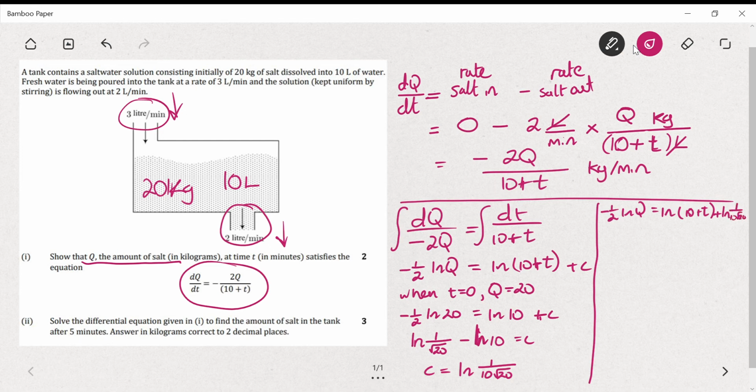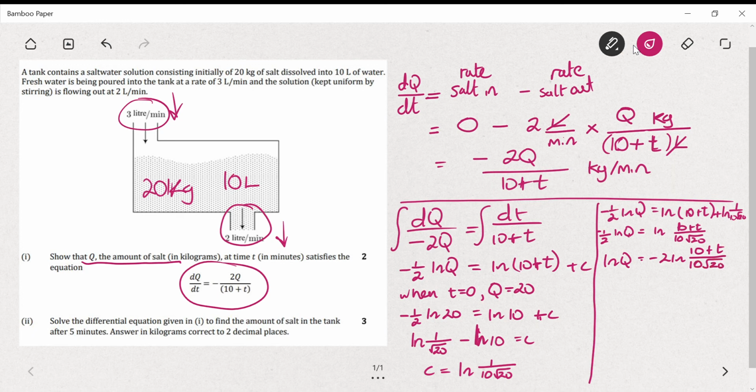All right, so that's minus a half natural log of Q is equal to, now we can times these together, so natural log of 10 plus t all over 10 root 20. All right, we're going to times both sides by minus 2. So the natural log of Q equals minus 2 natural log of 10 plus t all over 10 root 20.